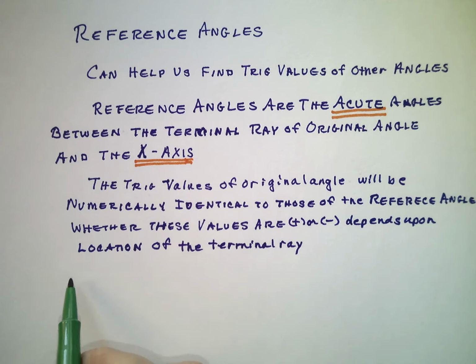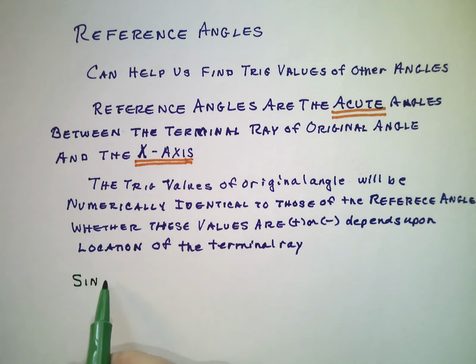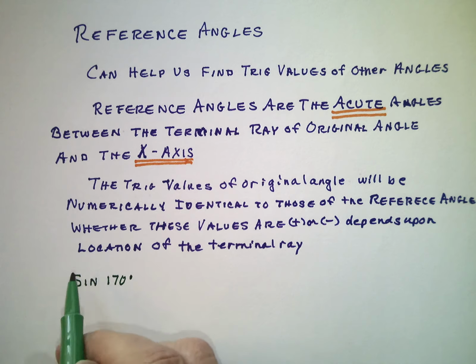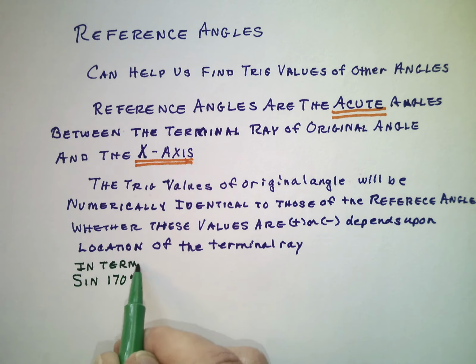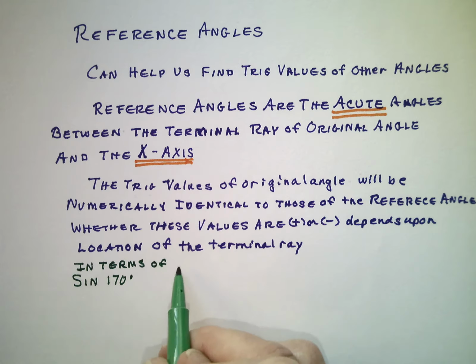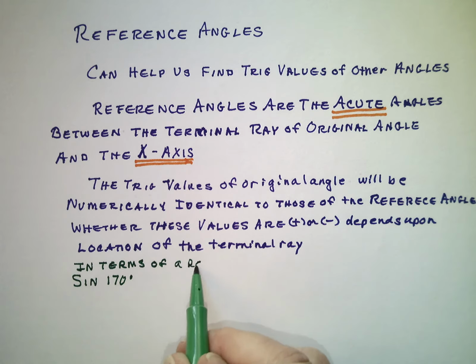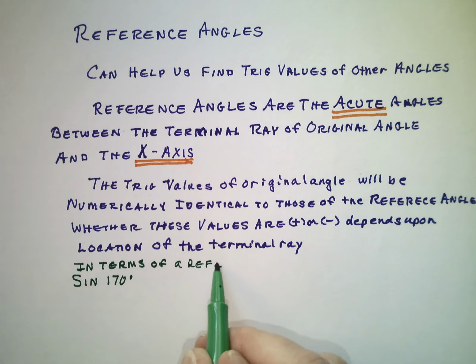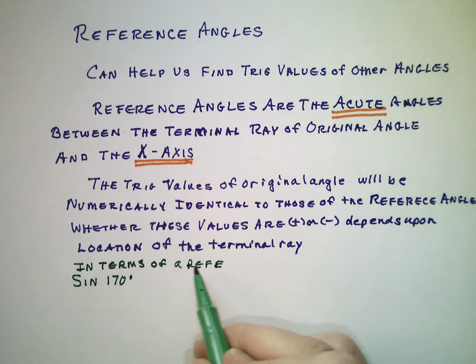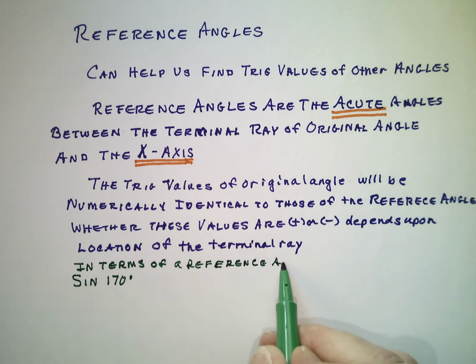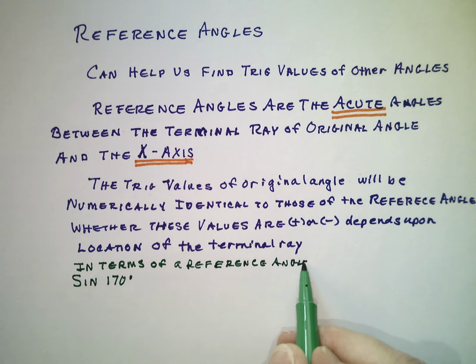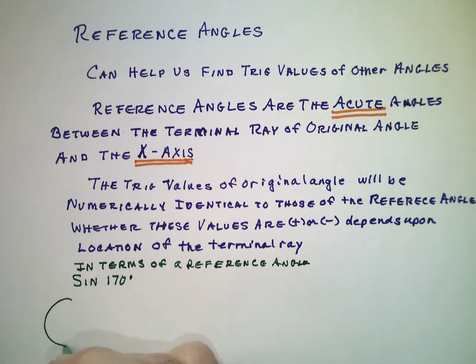So we're asked to find the sine of 170 in terms of a reference angle. So first thing we're going to do is draw the 170 degrees in the circle. Not going to draw big fancy circles here.